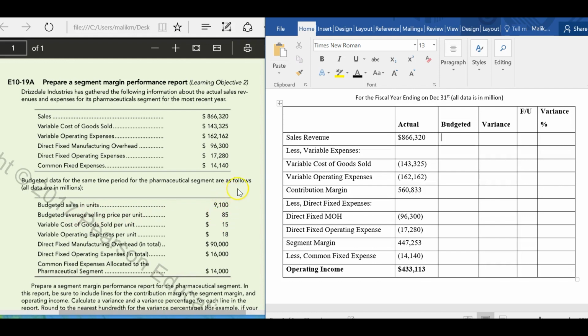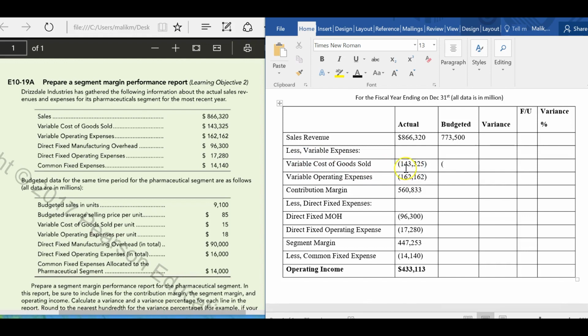That means we need to multiply these two. 9,100 multiplied by 85, and I got my budgeted revenue, 773,500. Then we're going to subtract our variable expenses.